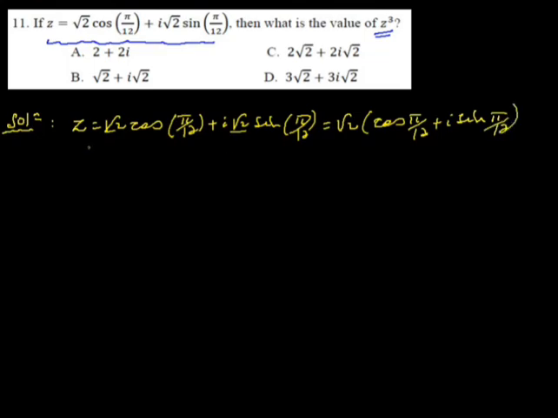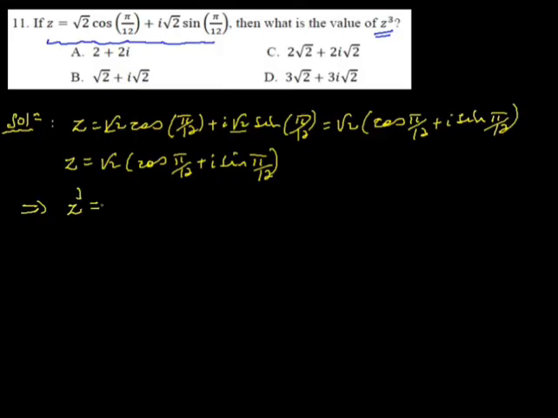So we are asked this one. This is the z value. z is radical 2 into cosine of pi over 12 plus i times sine of pi over 12. So this is the better way to write the given complex number in polar form. So the question is z to the power of 3.